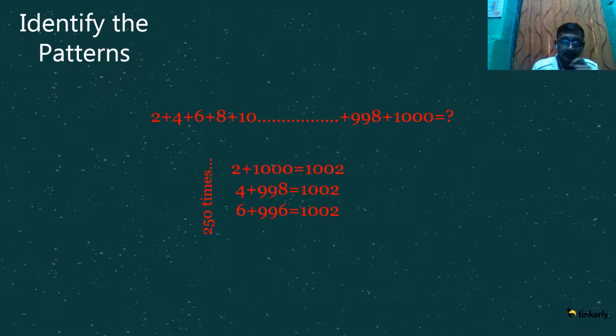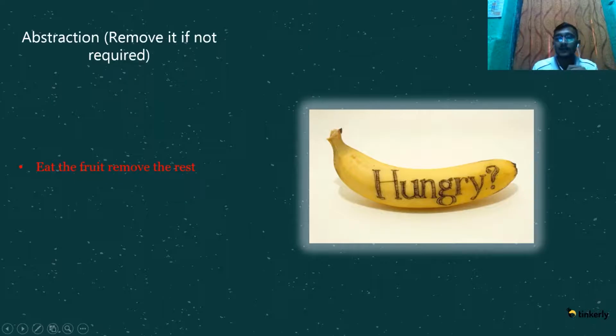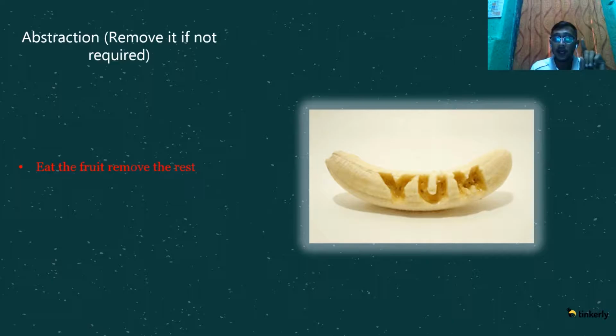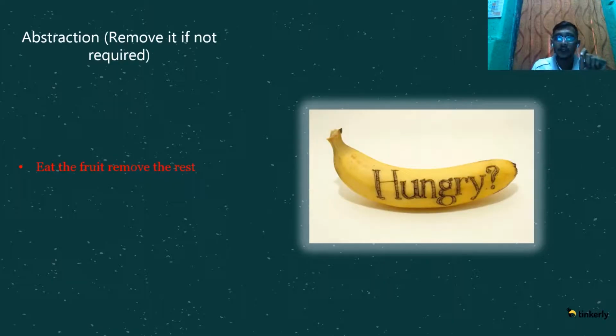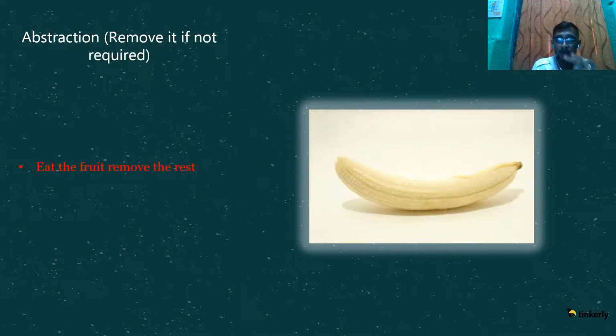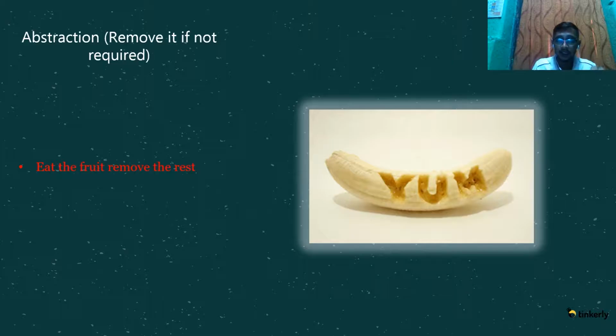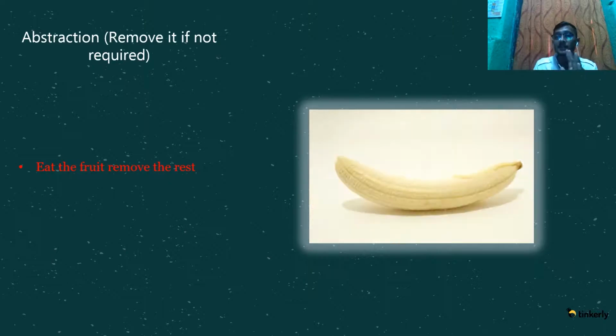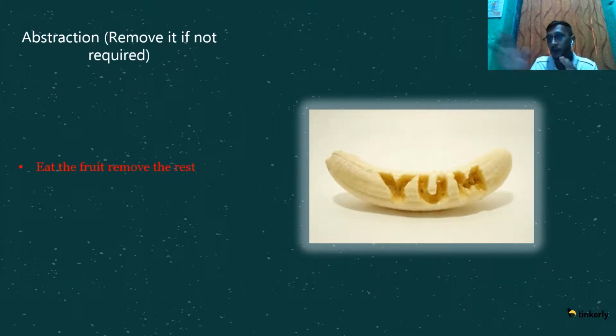Next, the third one is abstraction. The meaning of abstraction is to remove it if not required. What does abstraction mean? Remove it if not required.